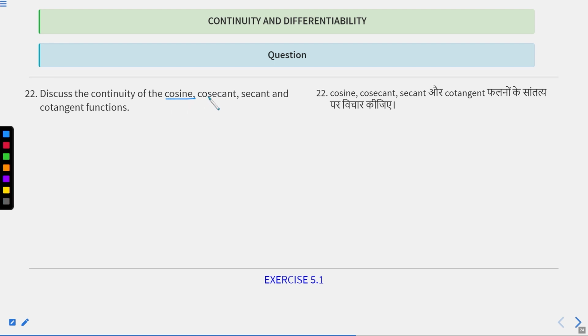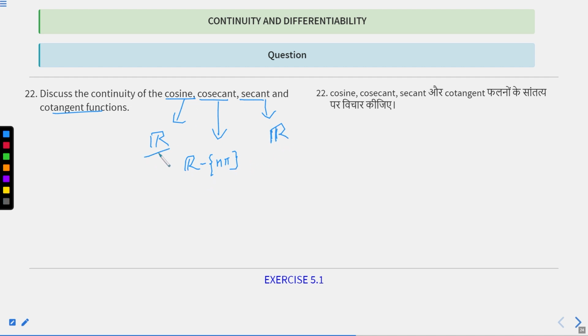Now the continuity of cosine, cosecant, secant and cotangent functions, as we already discussed. Cosine is continuous for all real numbers. Cosecant means 1 by sine, so it is continuous for every real number except n pi. I am defining the domain.